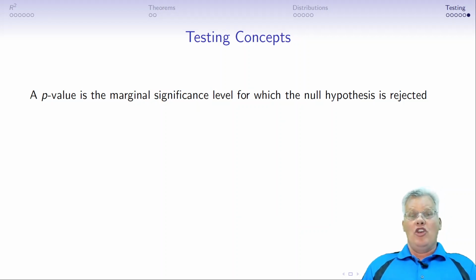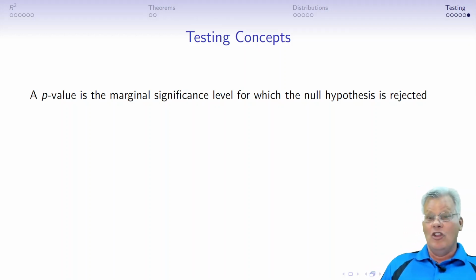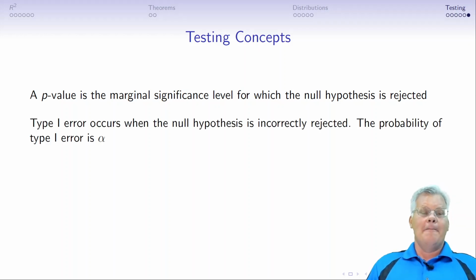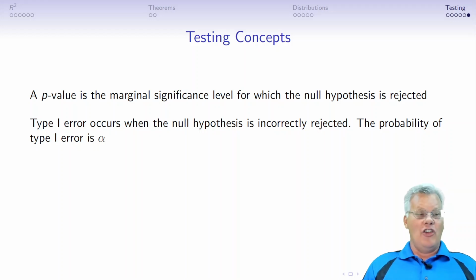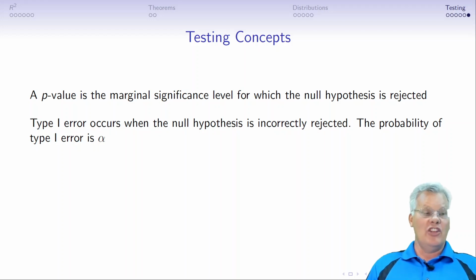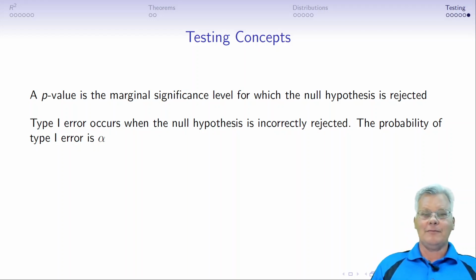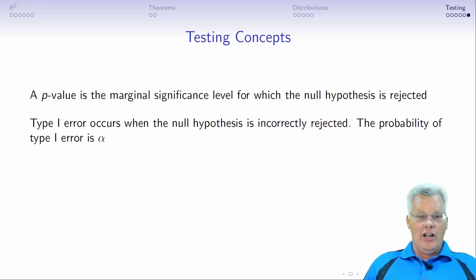Finally, a p-value is the marginal significance level for which the null hypothesis is rejected. Okay? So in other words, if your p-value is equal to 0.04, what that says is you could reject the null in favor of the alternate at a 4% level of significance. Type 1 error occurs when the null hypothesis is incorrectly rejected.